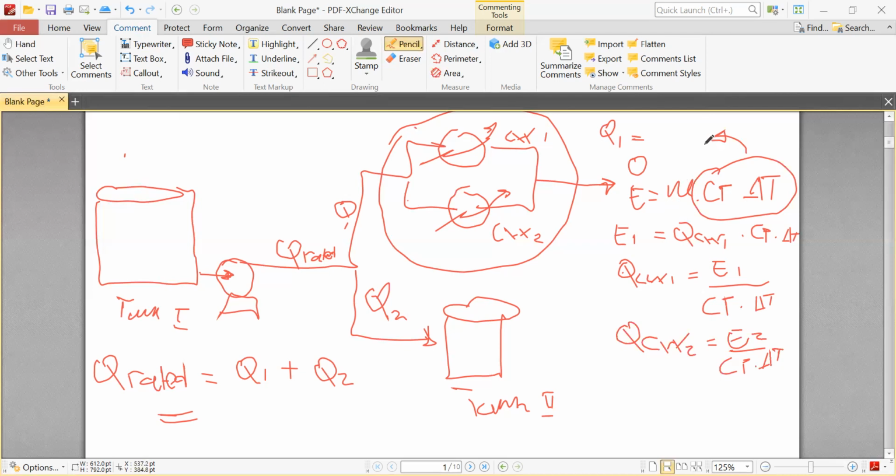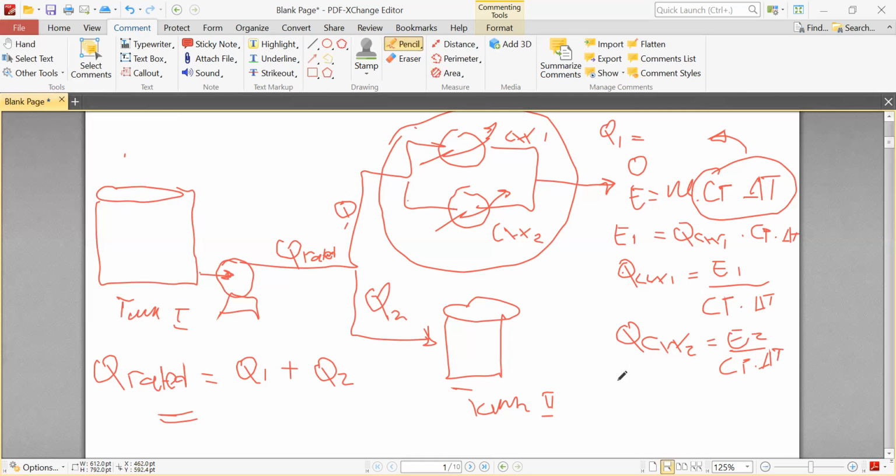So the cooling water will have an increase in temperature, but the phase stays liquid. So there is no evaporation or latent heat here.